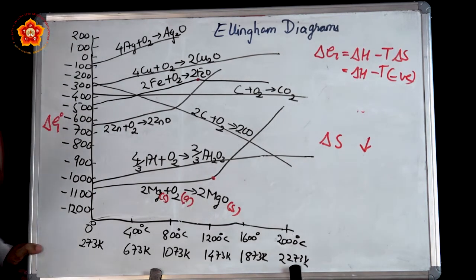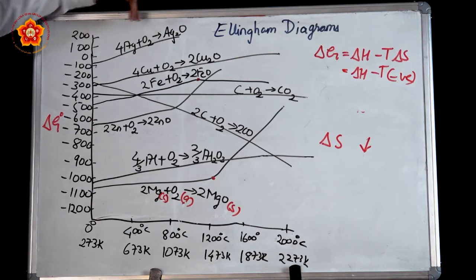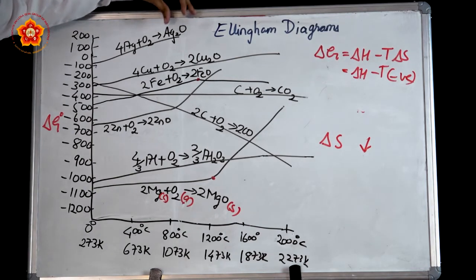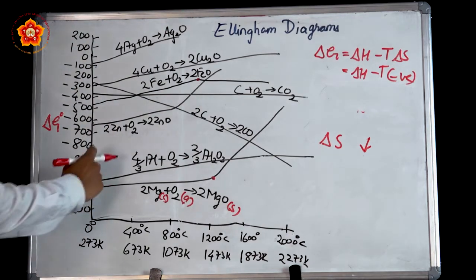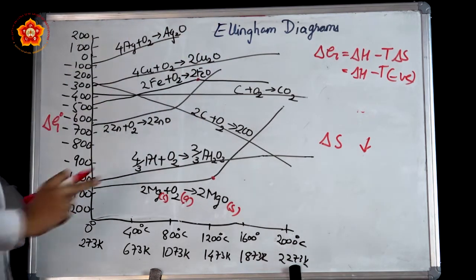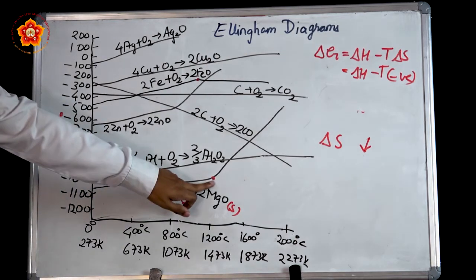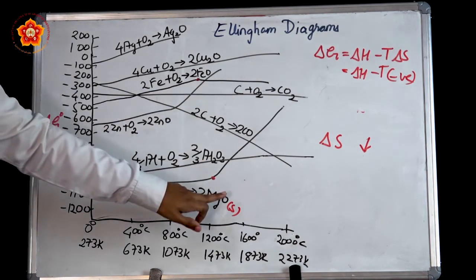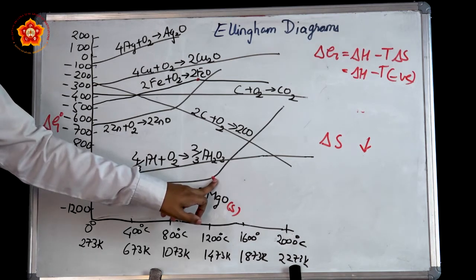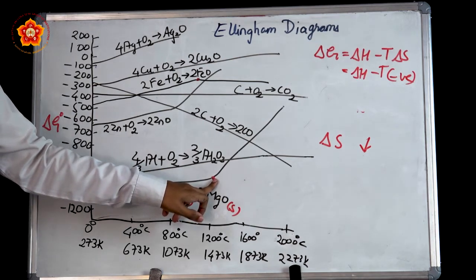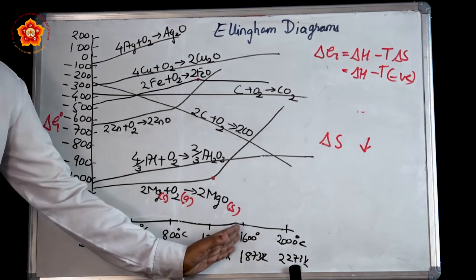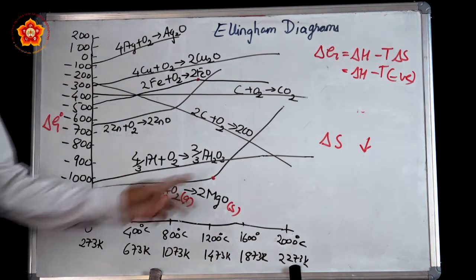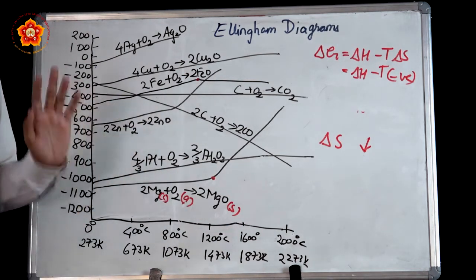Why it is going upwards is because the metals are reacting with a gaseous component and forming solid oxide forms. Therefore, the delta G value goes on increasing. And then at some places you have a sudden change in the curve. This sudden change is the point of the change of state. What this indicates is that at these particular temperatures, there is a change of state observed in this system.